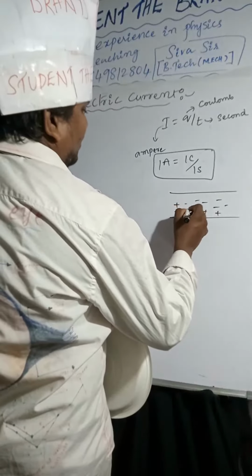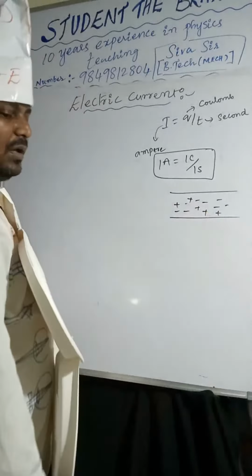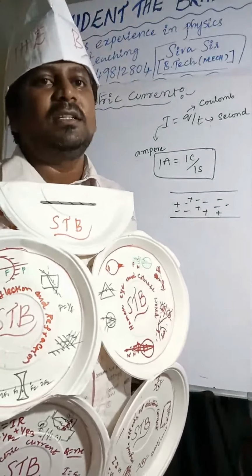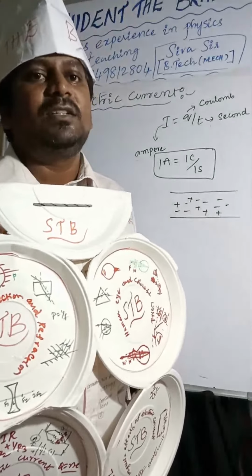That's why it is called quantization of charge. Q equal to Ne. Quantization of charge means the charge is plus or minus Ne, where N is the number of charges, either positive or negative.